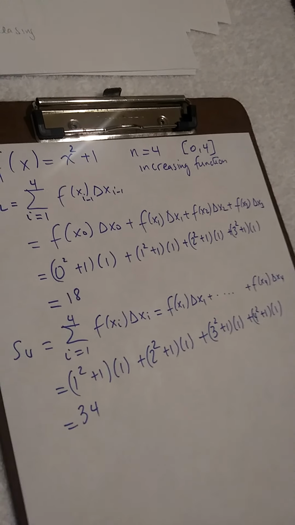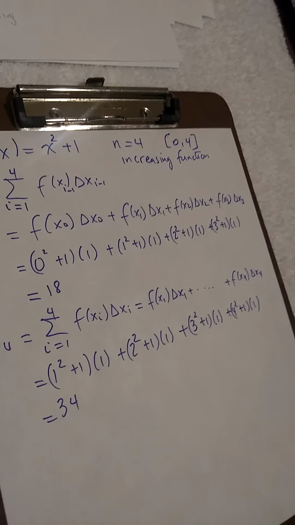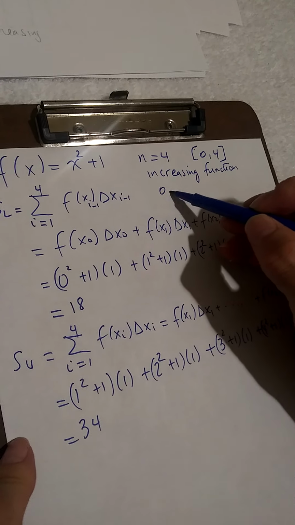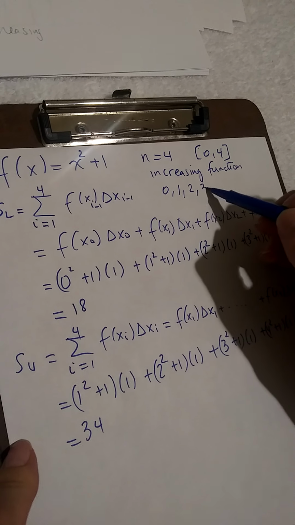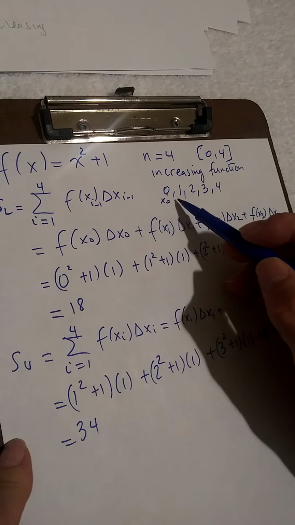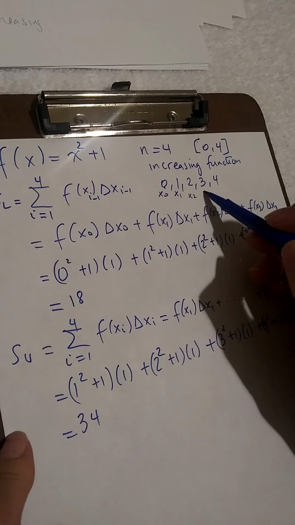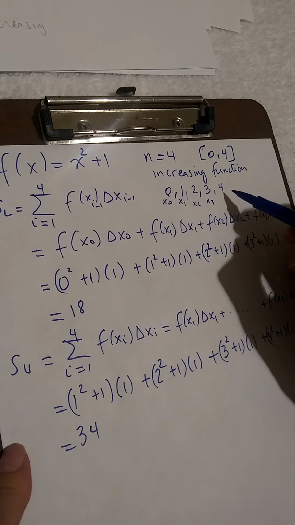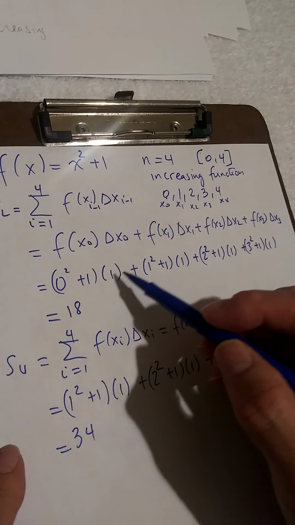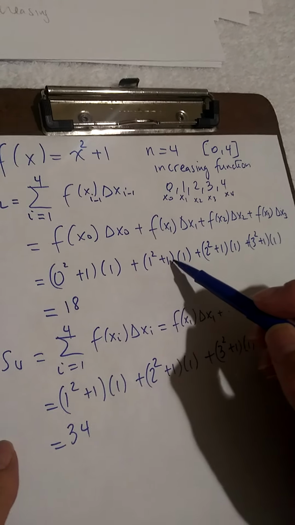Okay, f of x0, x0 is 0. The partition is like this: 0, 1, 2, 3, 4. x0, x1, x2, x3, x4. So it'll be 0 squared plus 1 times 1 plus 1 squared plus 1 times 1.